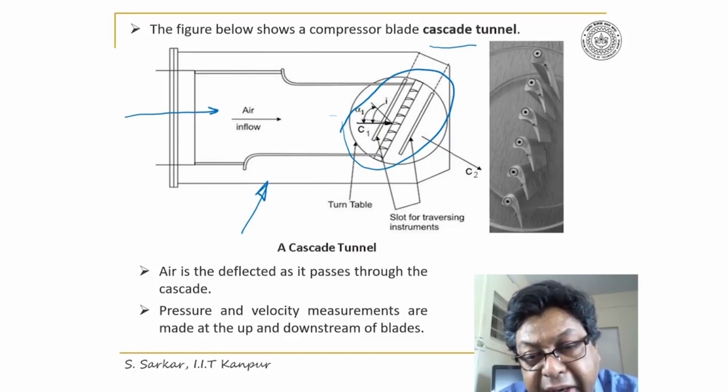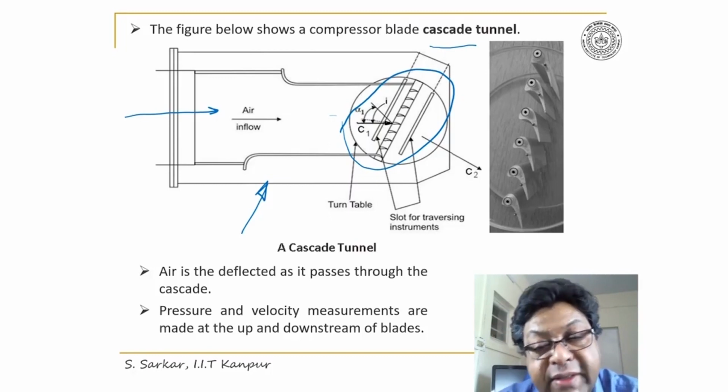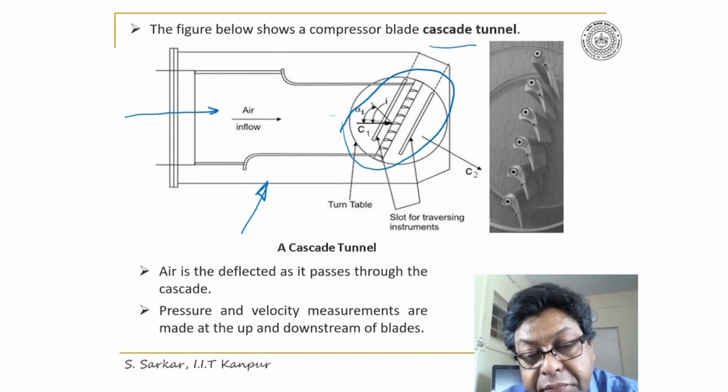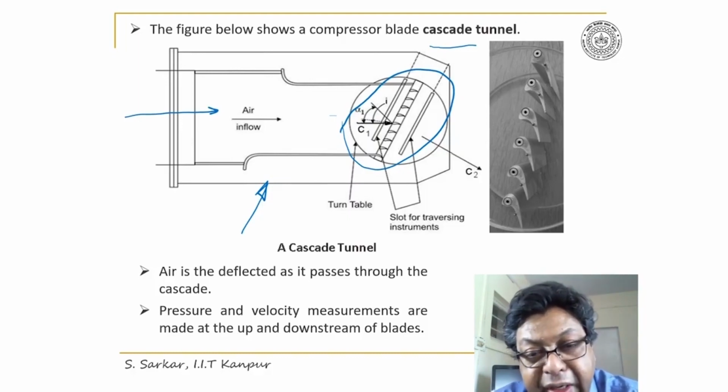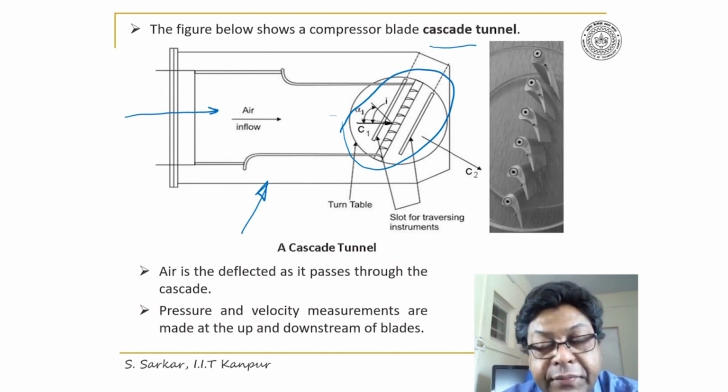So as air is being pushed through the cascade, the flow will be deflected, and thereby the exit angle alpha 2 will be different than alpha 1. So here I have indicated alpha 1 and C1 and incidence i. I'll define the angle of incidence soon.